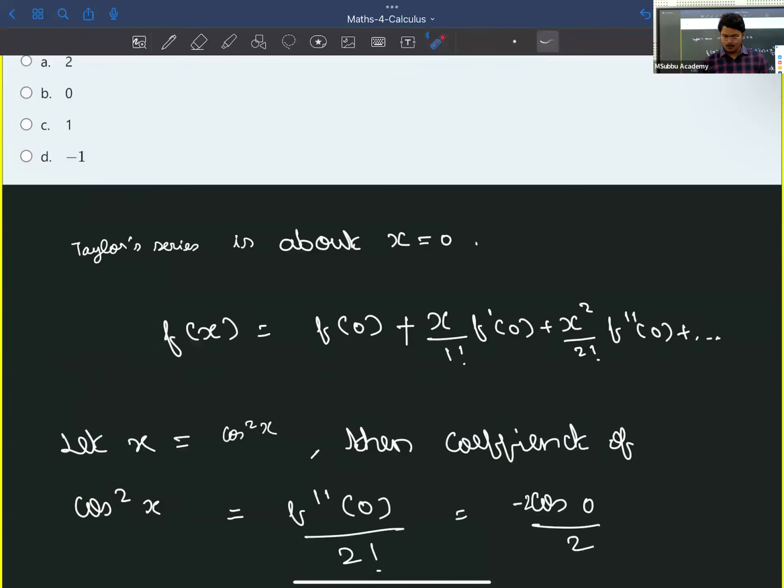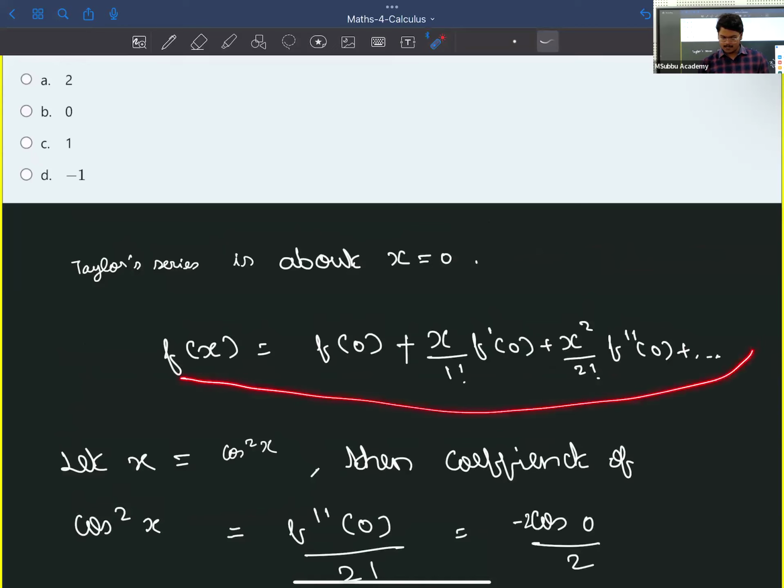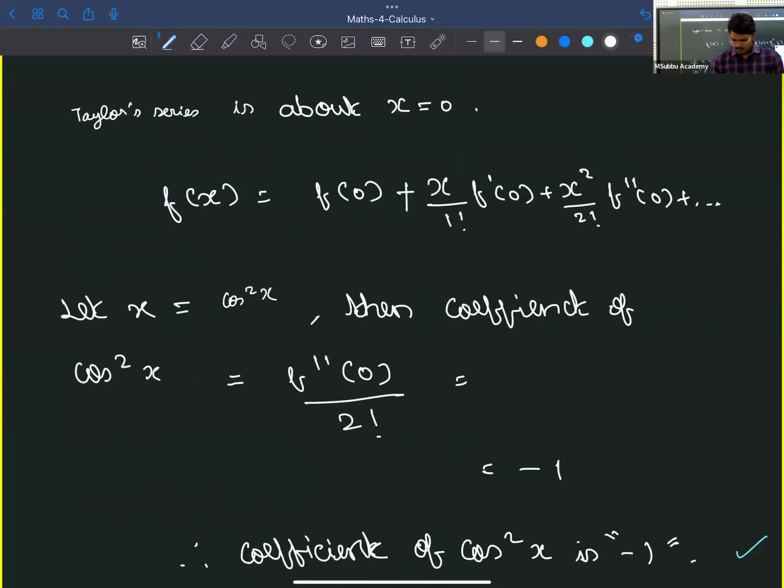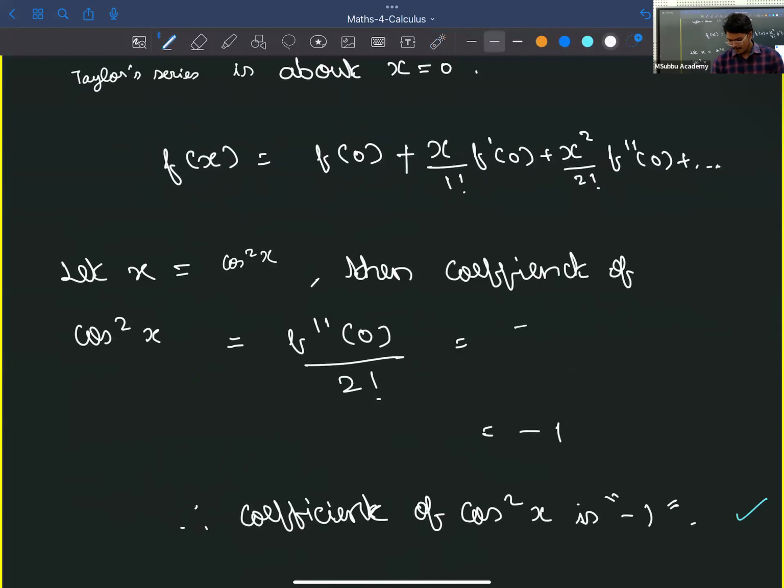So since it is the cos square x expansion, for this you have to take the x square coefficient, which is nothing but f double dash of 0 by 2 factorial. So f double dash of 0 by 2 factorial will be minus 2 by 2 factorial, which is nothing but minus 1. Now it will be correct.